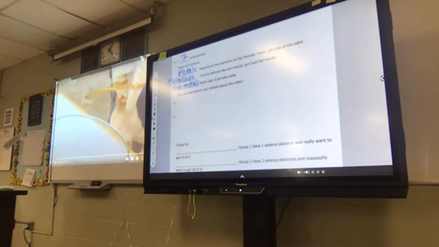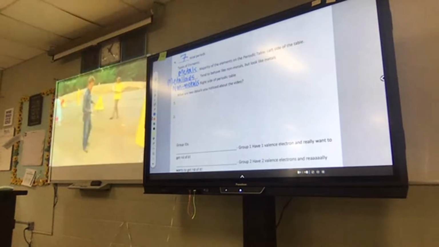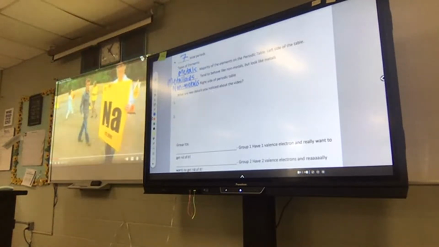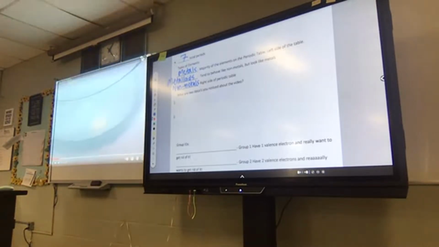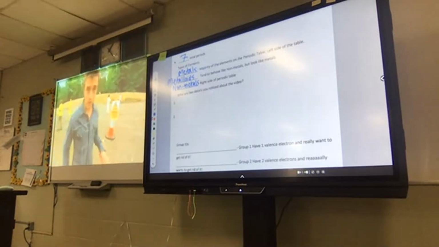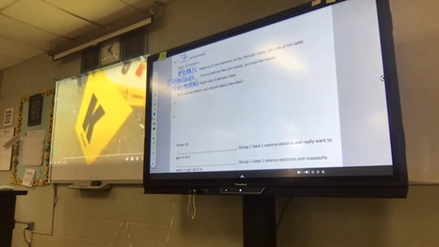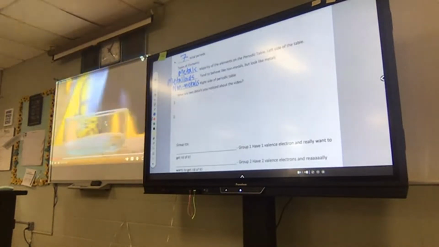You may, if with a responsible adult, have mixed sodium with water. What group is it in? One. And you may, under very strict scientific control, have witnessed potassium mixed with water. Group one.